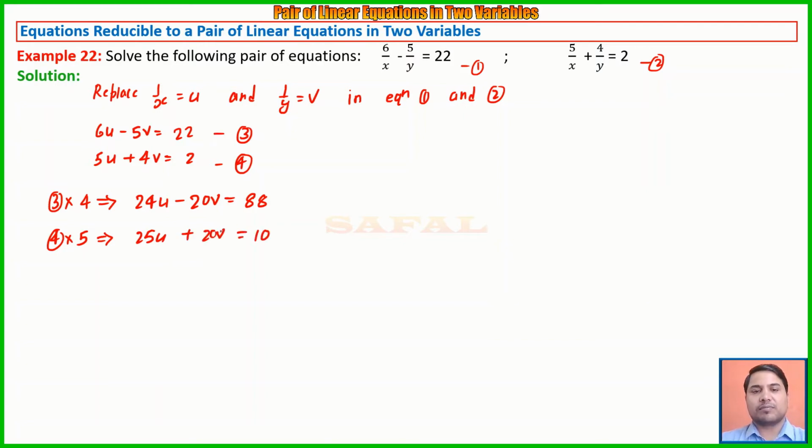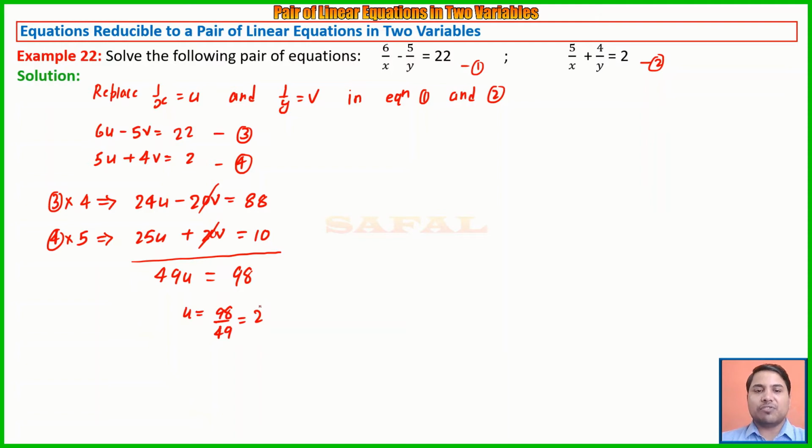Now these two equations I can simply add. If I add 24u and 25u, I get 49u. The 20v terms get cancelled, and 88 plus 10 is 98. So u is 98 by 49, which is basically 2.